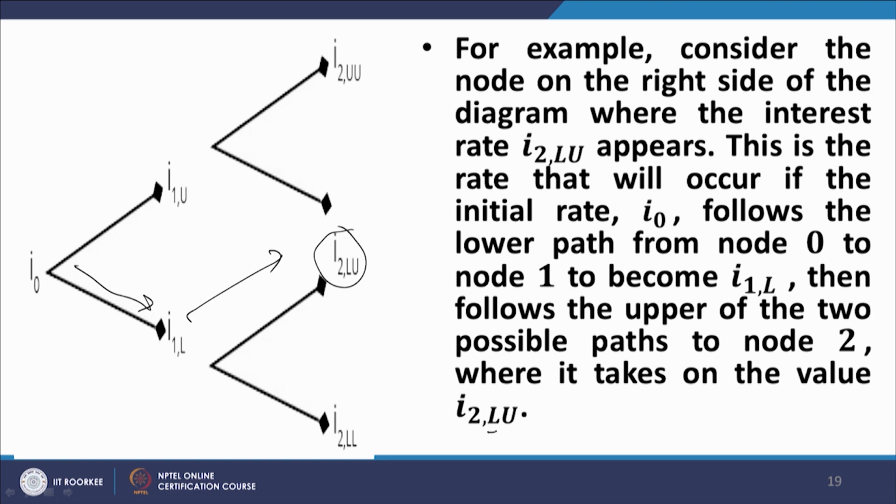The first suffix L represents that it took the lower path from 0 to 1, and the second suffix U represents that from t equal to 1 to t equal to 2 it took the upper path. So, it is this particular identification.